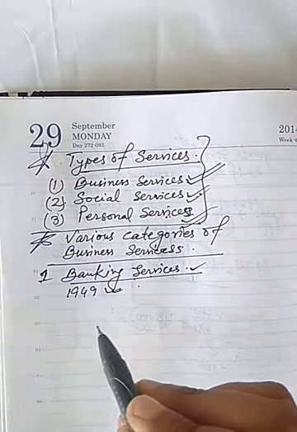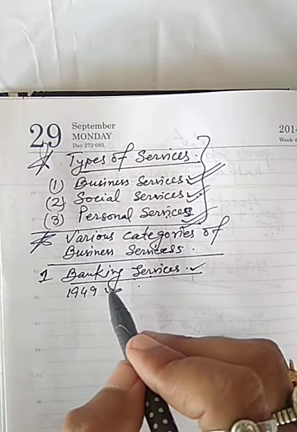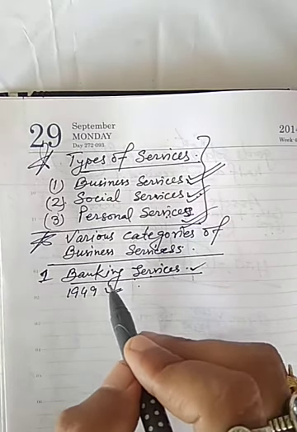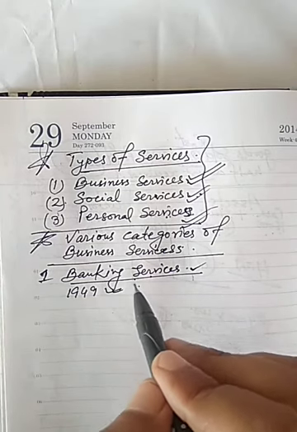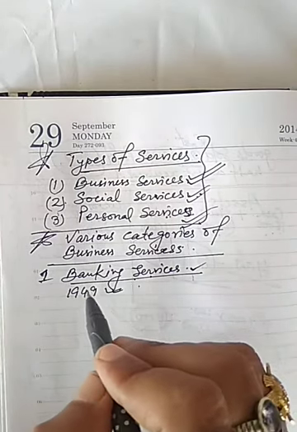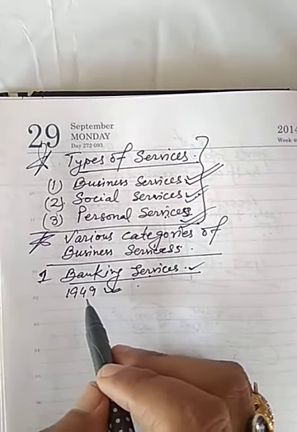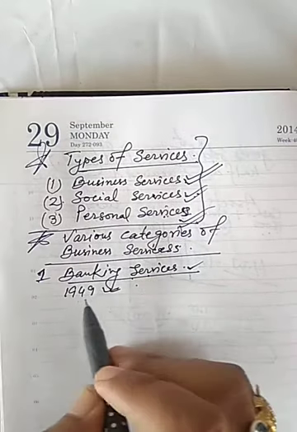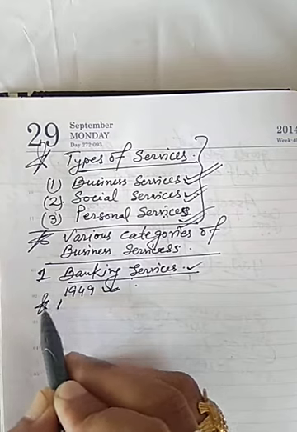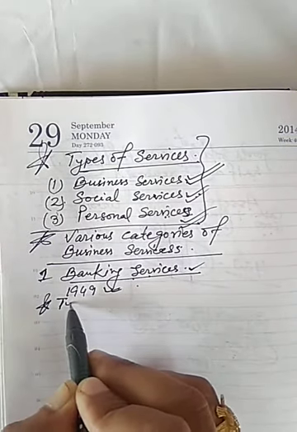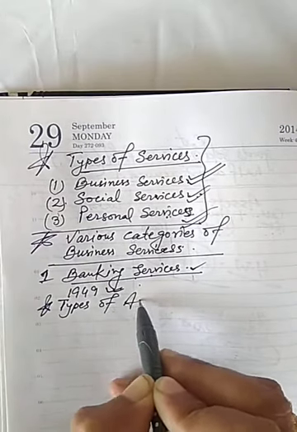I again repeat, accepting deposit of money from the public for the purpose of lending or investment is called banking services. Now, banking services have some types of account. So, next, under banking services, types of accounts.